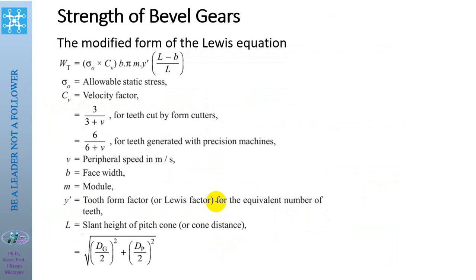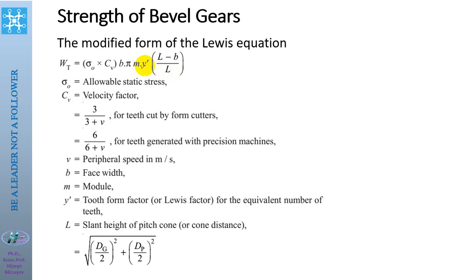Strength calculation of bevel gears may also be carried out according to the modified Lewis equation. This is the Lewis equation. Sigma 0 is the allowable static stress. Y is the tooth form factor, or Lewis factor, for the equivalent number of teeth.